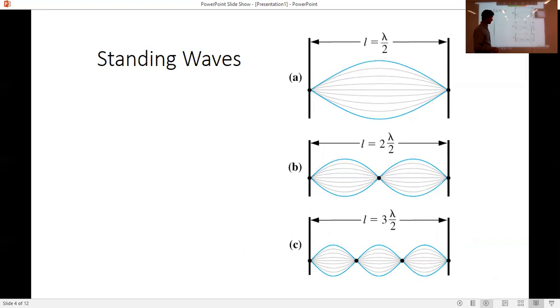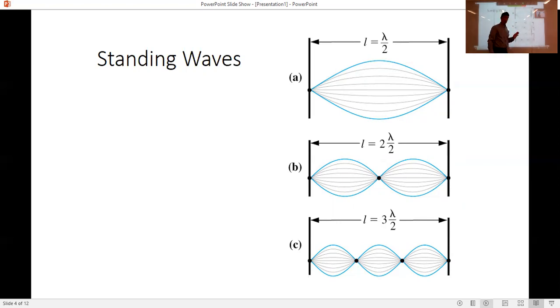So once again, you're going to set the experiment up, and we're going to go some fixed distance. I'm going to choose something very convenient, like 1 meter, close to 1 meter. That's my L. And again, the wavelength is going to be twice the length of the string for the fundamental, or we can say the length, usually capital L, is equal to the wavelength divided by 2.